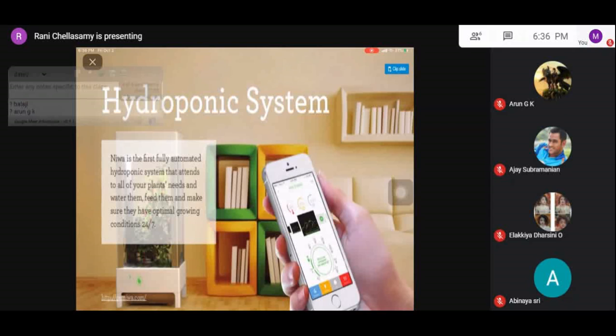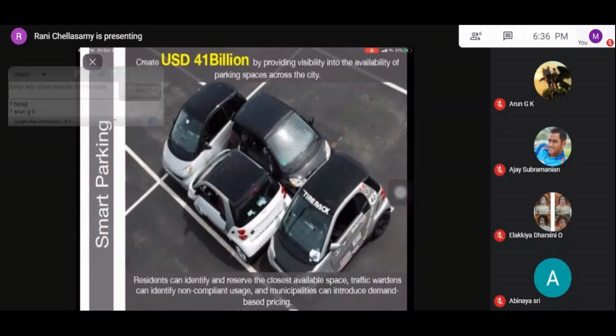Okay, and you might have heard of smart parking. Smart parking is nothing but the space allocated for a particular car in any residential area, apartment or shopping mall. Okay.